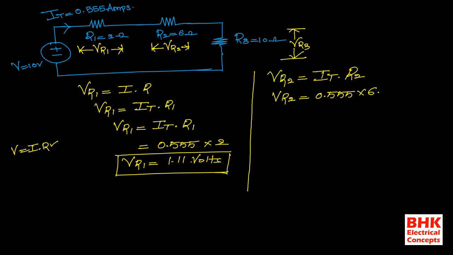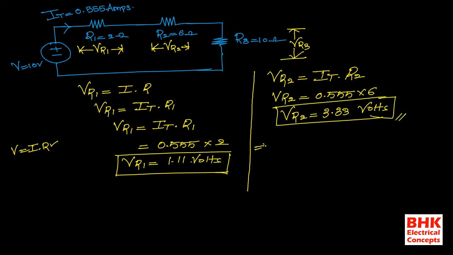Whenever we find the voltage across a particular resistance in a series connection, we always take the same current. If it were a parallel connection, we could go for another method. By simplifying this, you will get 3.3 volts, which is the voltage drop across R2.